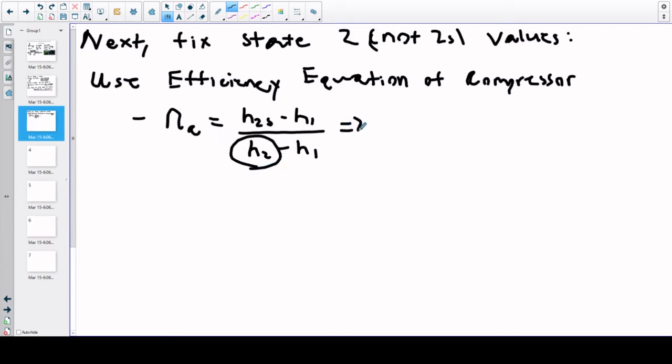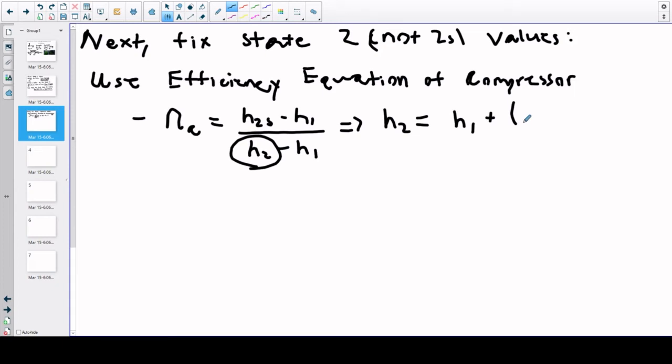From there, we just manipulate the equation, and you get H2 is equal to H1 plus H2S minus H1 divided by the efficiency.